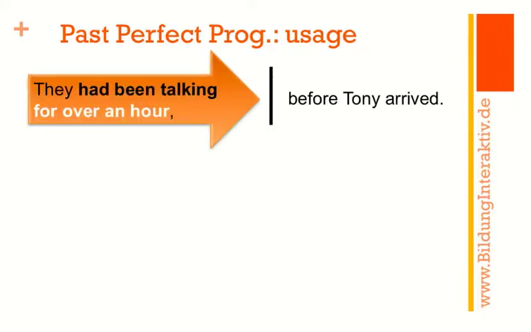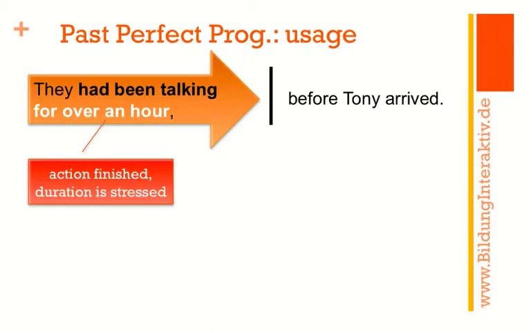Again, we have a look at a sentence here. They had been talking for over an hour before Tony arrived. Had been talking is your past perfect progressive. Now, in this case, there is a finished action. They had been talking, but here the duration is stressed, which means that we say exactly how long this action has actually lasted, for over an hour.